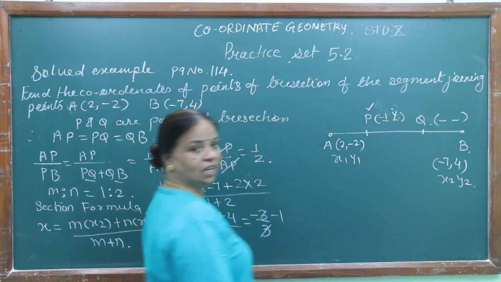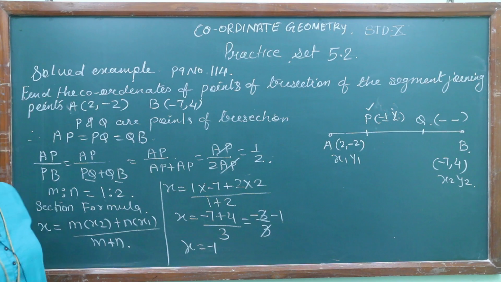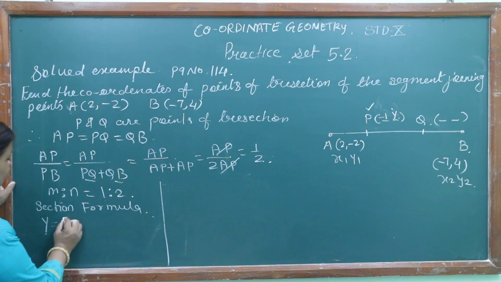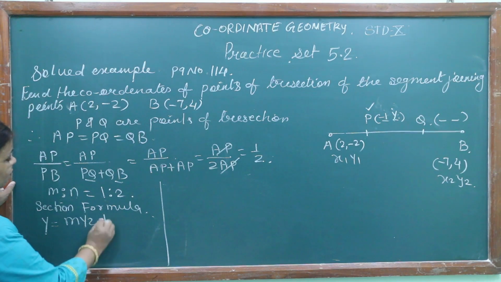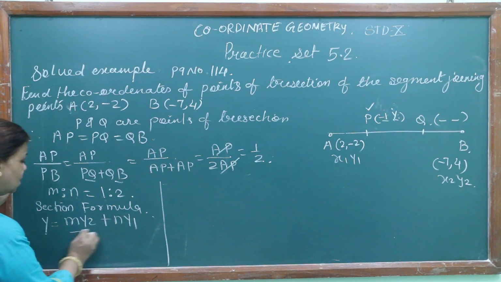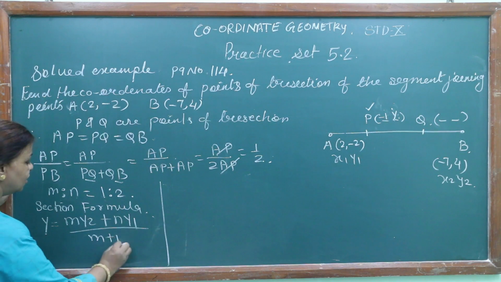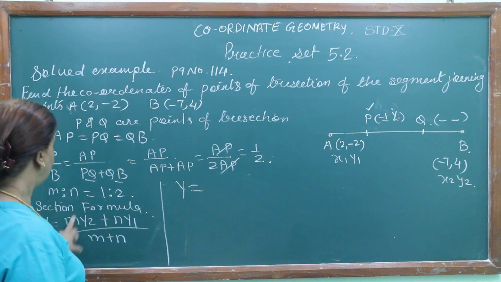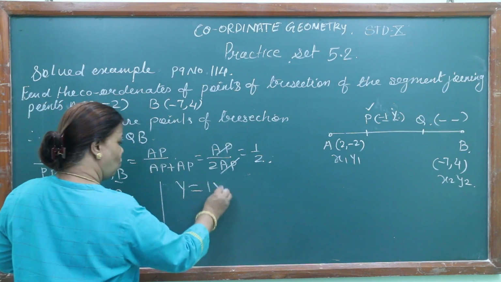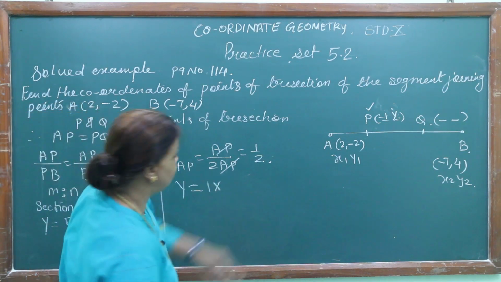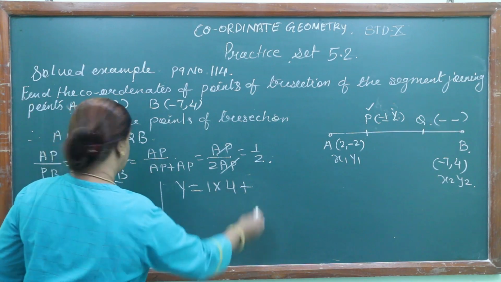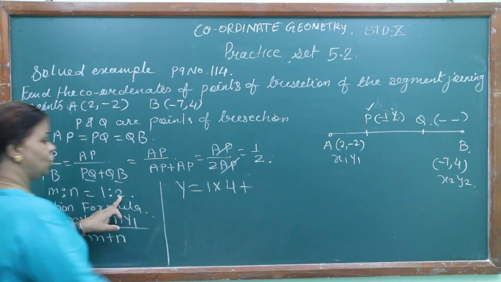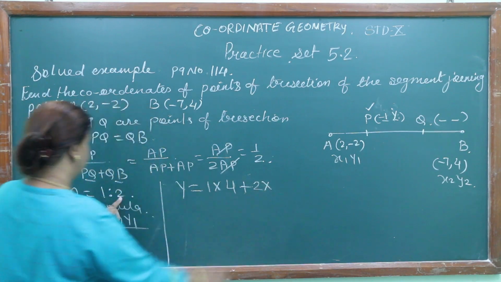Now we will be finding the y coordinate, children. So y is equal to (m y2 plus n y1) upon (m plus n). Placing the values, m is 1, so 1 into y2. Y2 is how much? 4, plus n into y1. N is 2, so 2 into y1.